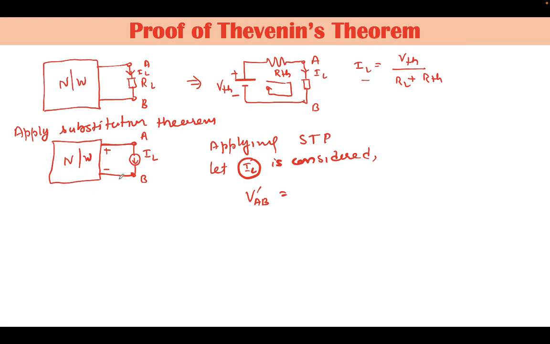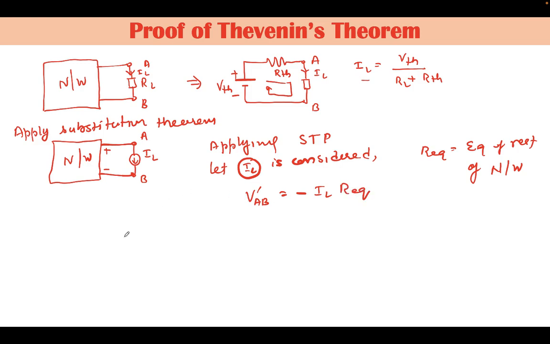Now we have only one source, and the rest of the network is a linear, passive network. The equivalent resistance of the rest of the network, let it be R equivalent. Therefore, the potential developed across terminal A and B due to the source IL is given by minus IL into R equivalent.